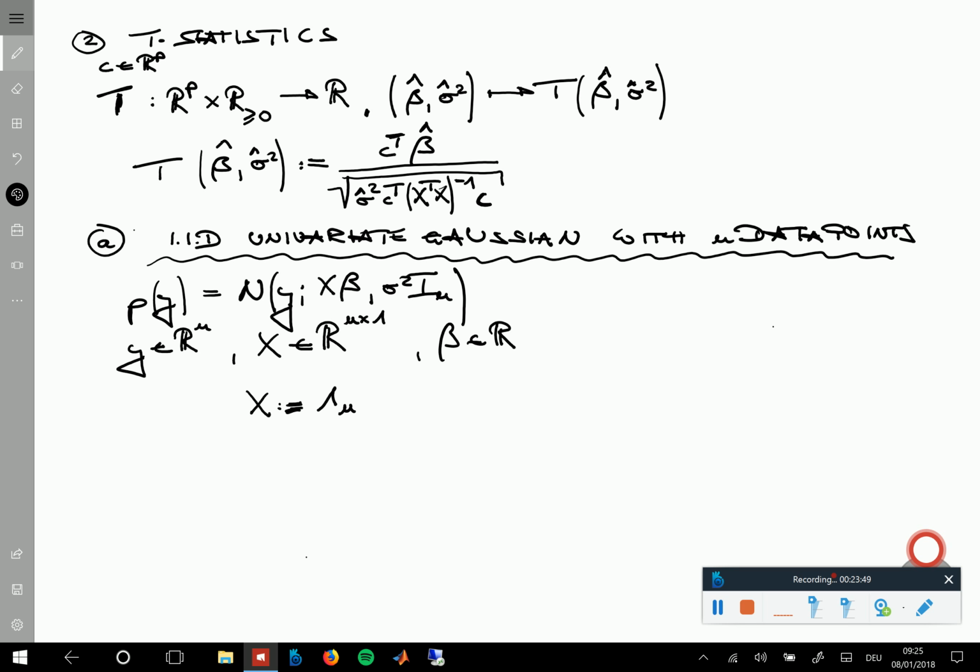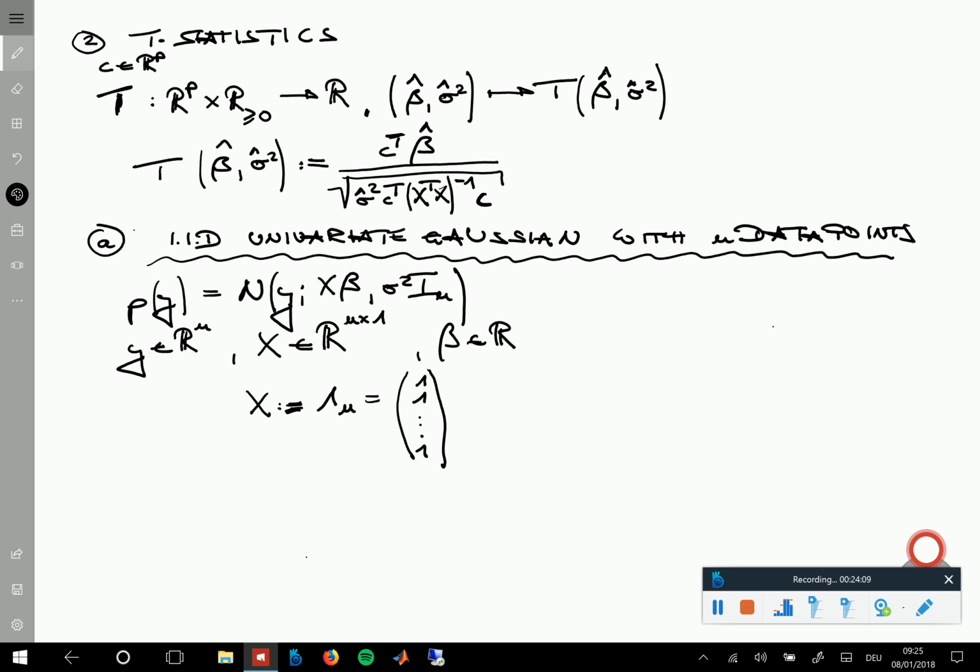So if you have 10 data points, there are 10 ones, one below the other. Sigma square is sigma square and I_n is I_n.